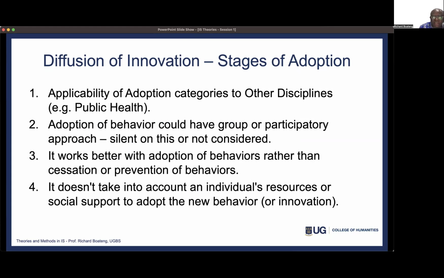It works better with adoption of behaviors rather than cessation or prevention of behavior. The theory is not for stopping behavior, it's for adoption of behaviors. It doesn't take into account an individual's resources or social support to develop a new behavior. I mentioned that area, and that's why I'm saying it may depend on how you conceptualize your whole study. You can bring in another variable to account for this.